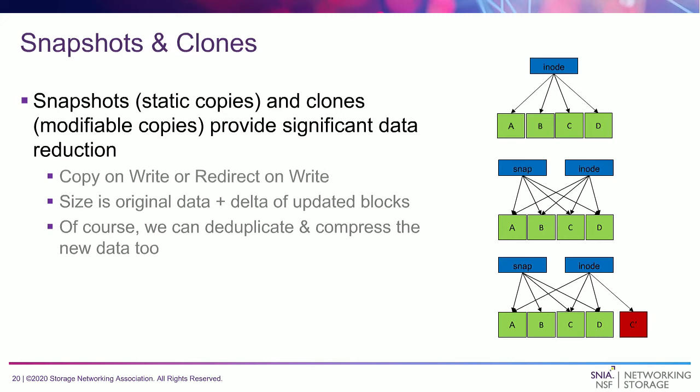So we've got the original pointing to A, B, C, and D, and the clone is now pointing to A, B, C, and D. But we can go and update the clone, and hey presto, if we update block C, all we need to do is write the modified block C, and point at it. The original remains undisturbed. So only the updates, only the deltas, only the changes are being accounted for.